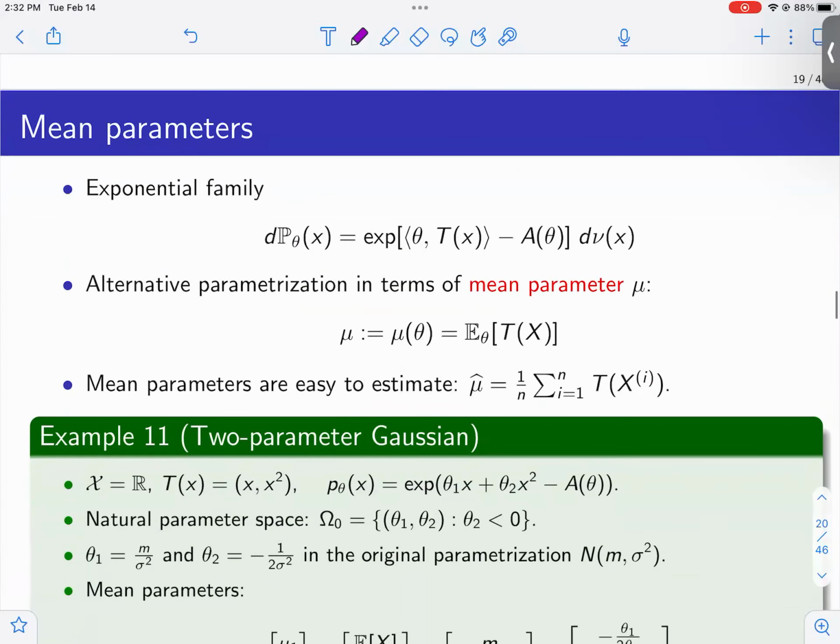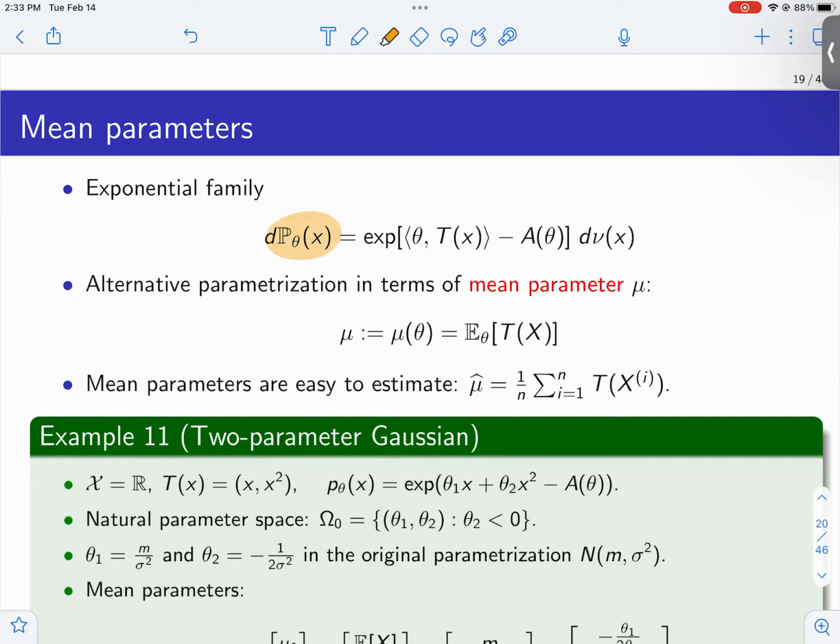Okay, so let's move on to something else, which is the alternative parameterization of the exponential families in terms of the mean parameter. So we have seen there was this generic parameterization eta of theta. From that, we moved to the canonical parameterization, which was just theta in R^d. So an exponential family in canonical form looks like this. I'm using a bit of measure theory notation to write everything down.